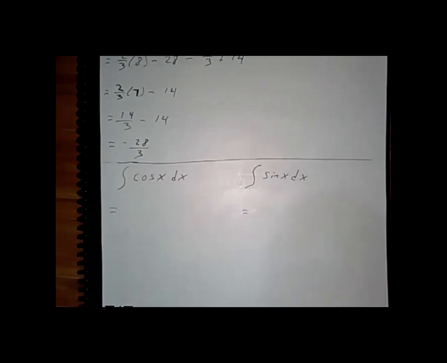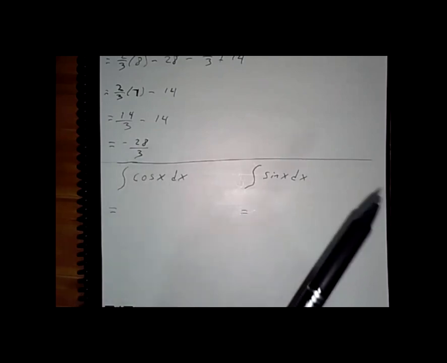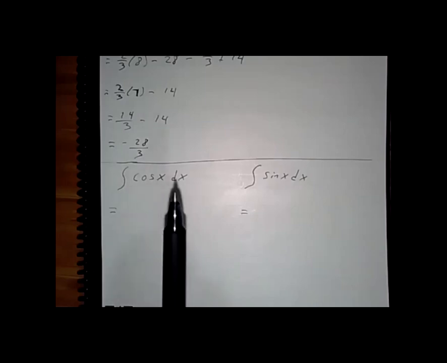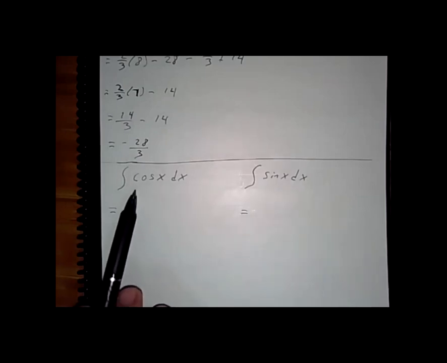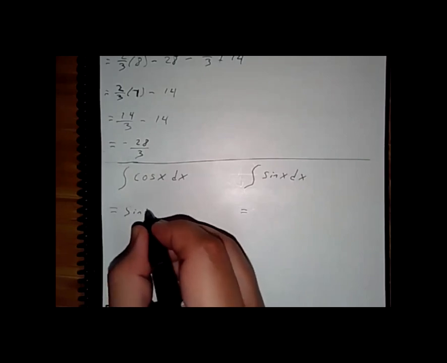So next, dx, we're gonna do some trig functions. So you have to have these memorized or have a list to be able to go backwards, right? So before we start, what is the derivative of sine? Cosine, right? So the integral of cosine would be sine, undoing that derivative.